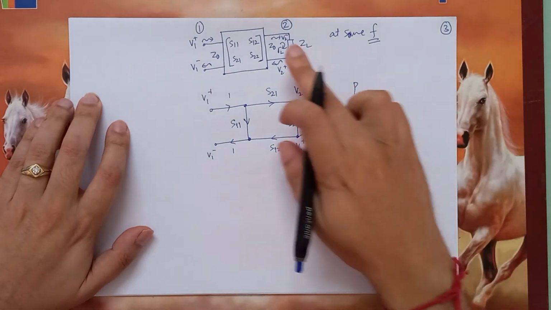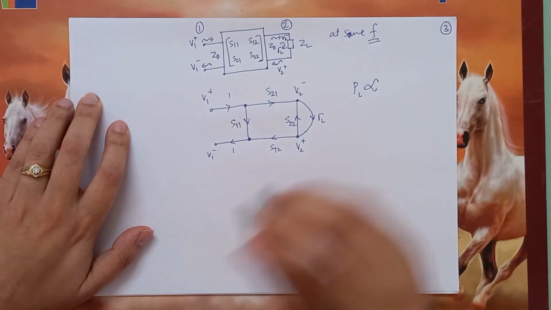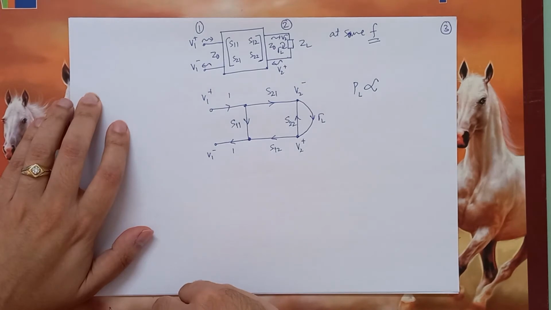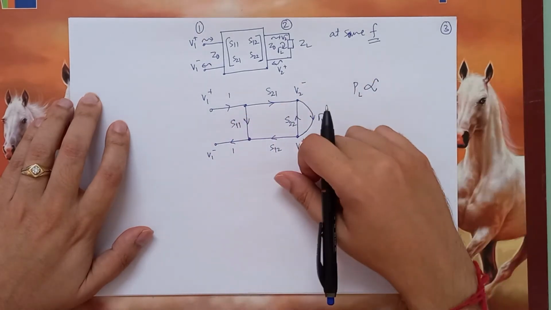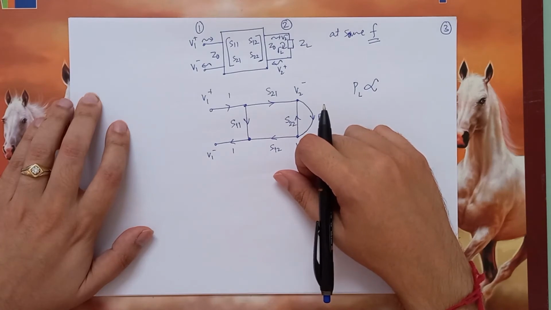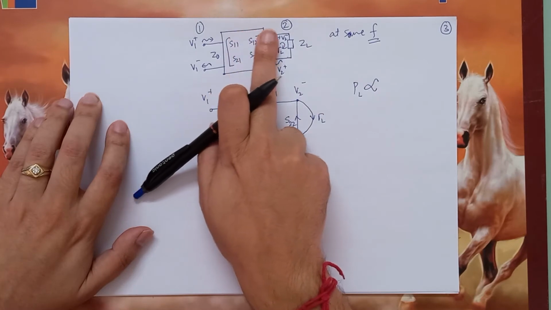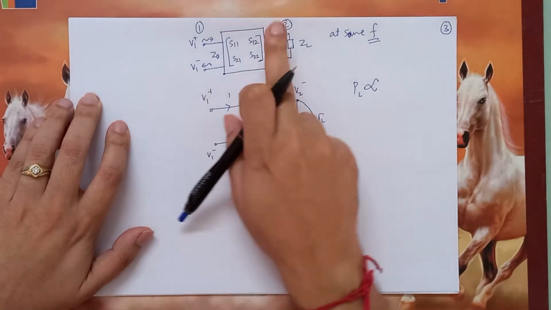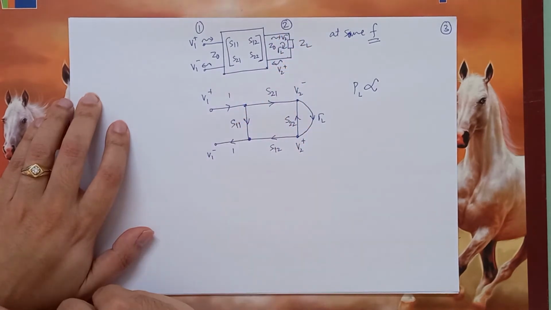So the power across the load will be proportional to the voltages of the two waves. But as you know, the power is proportional to the squared magnitude of the voltage. So the power across the load will be the power carried by V2 minus, minus the power carried by V2 plus.